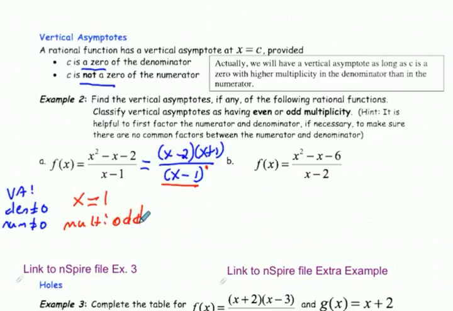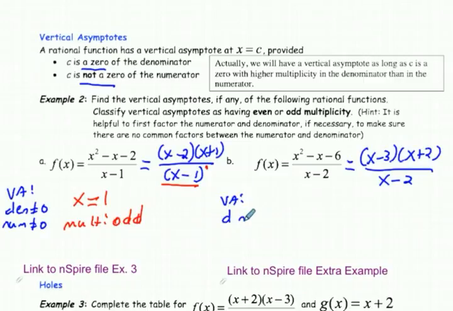Okay, so let's do the second function over here. We factored this before, I'll just factor it again. This is x minus 3 times x plus 2 all over x minus 2. To find the vertical asymptote, we're going to find values that make the denominator 0, but the numerator is not equal to 0.